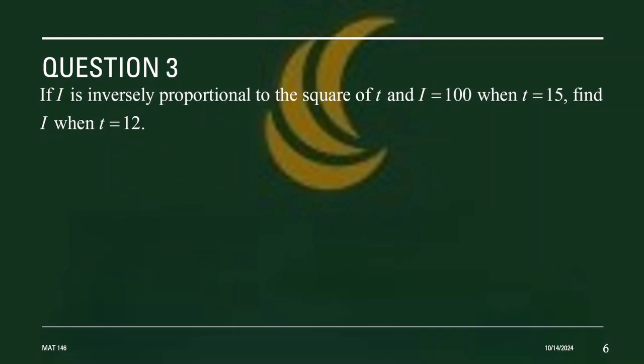I is inversely proportional to the square of t. Right, that would mean that I is some constant over t squared.